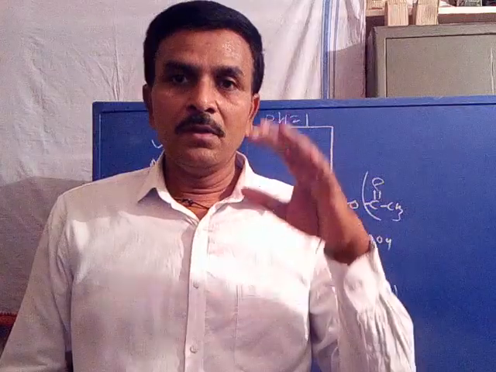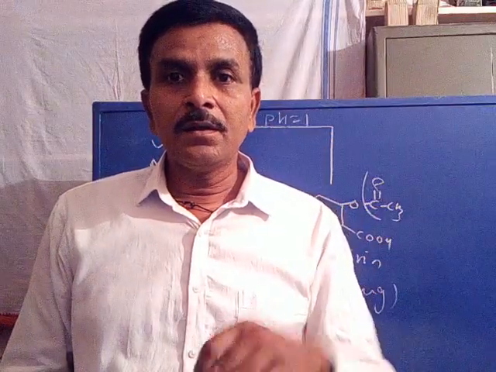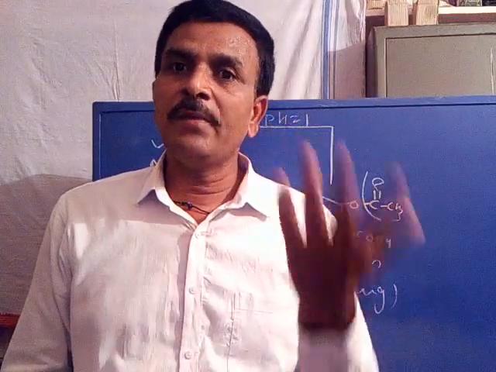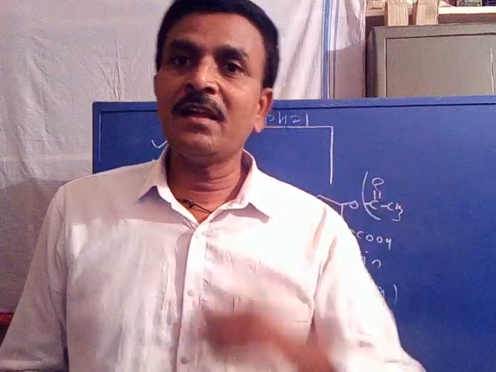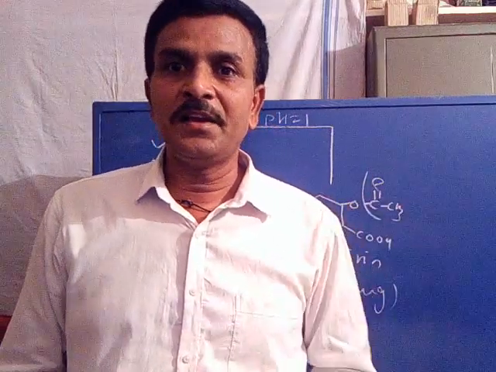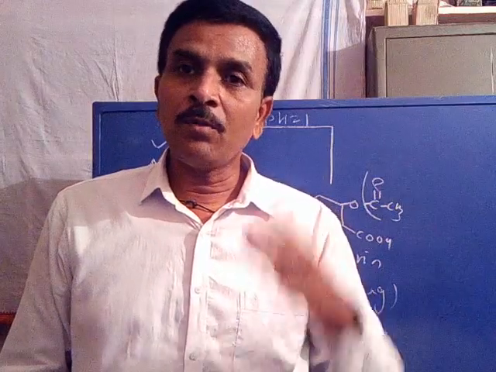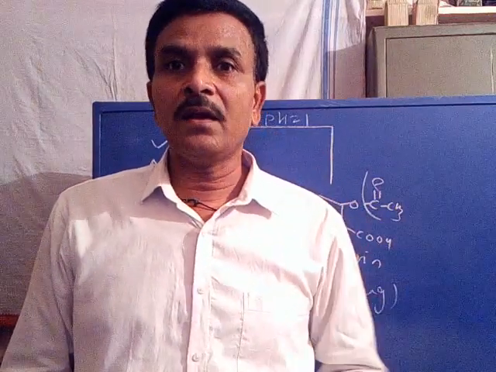That means all the prodrugs are converted back into their active form only at the site, only at the target, because during the designing of a prodrug, the prodrugs are designed in such a way as to be activated only at the target.